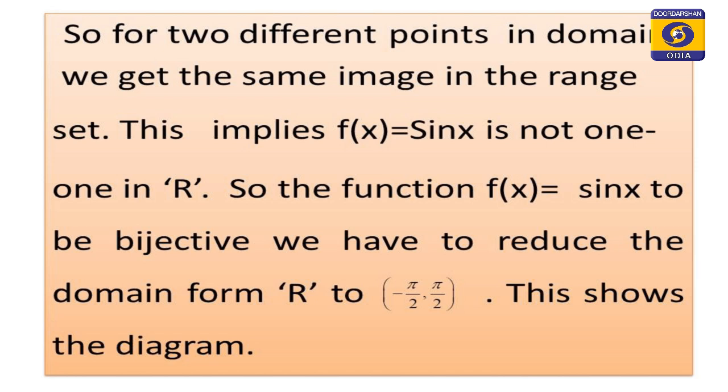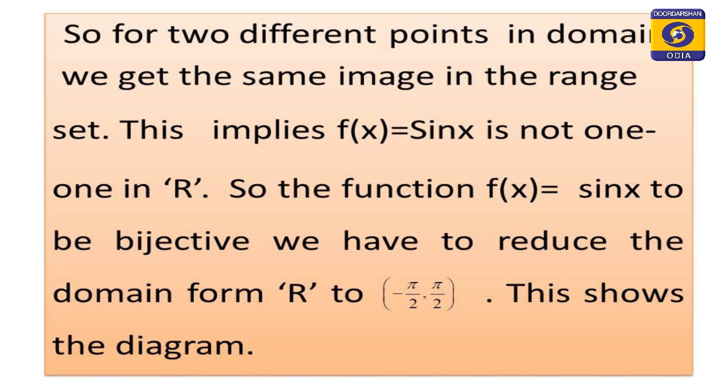This implies f(x) = sin x is not one-one in R. That is, if you consider the domain as R, the function f(x) = sin x is not one-one, so f(x) = sin x is not bijective in the domain R.